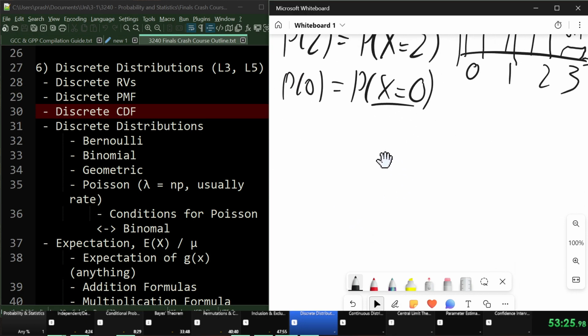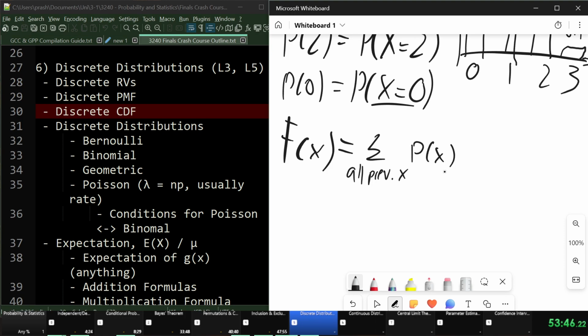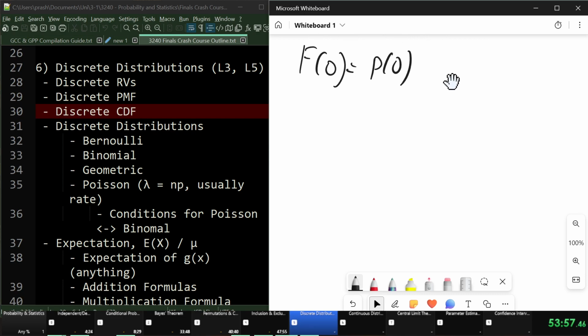A CDF, usually written as a capital F, means that it wants to sum up all of the previous values up until that point. So all previous x, you want to sum them up. In this case, if you wanted to find f0, that would just be p0 because there's nothing else before 0.